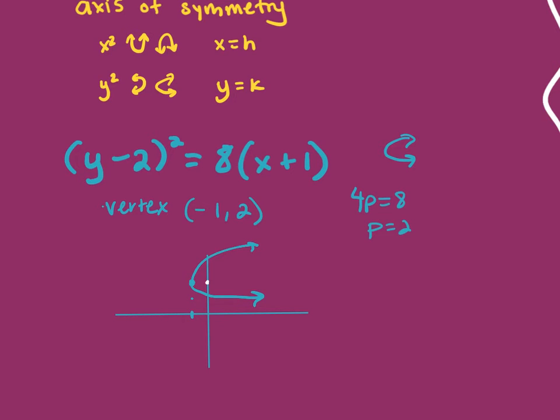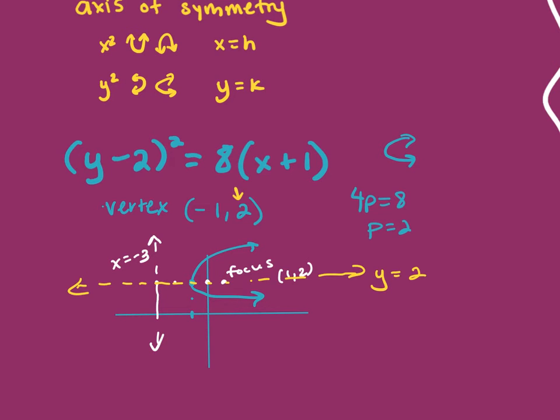I count to the right 2 places to get my focus. I count to the left 2 places to get my directrix, from negative 1 to negative 3. And my axis of symmetry runs this way through my vertex. So it's y equals 2 because it's the k coordinate of my vertex.